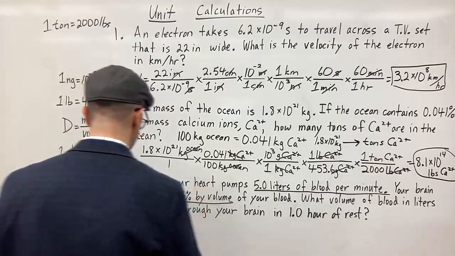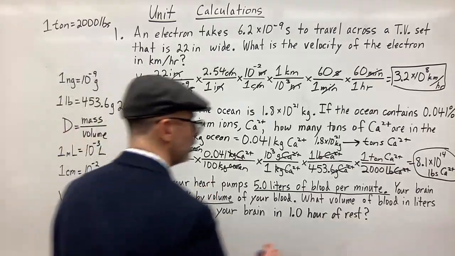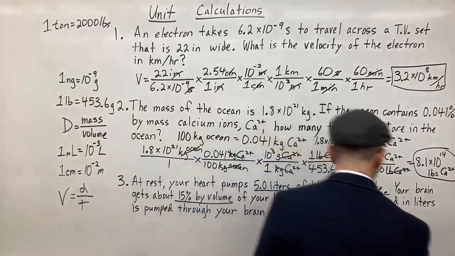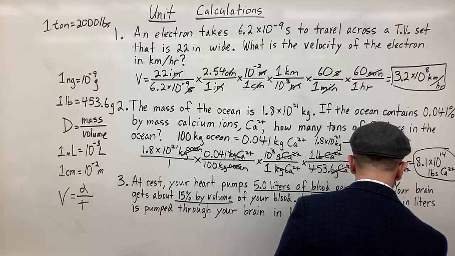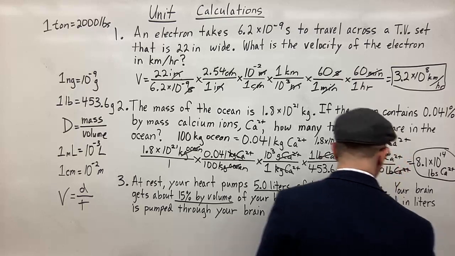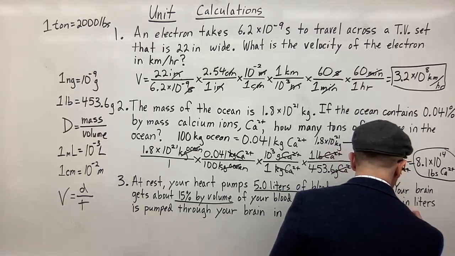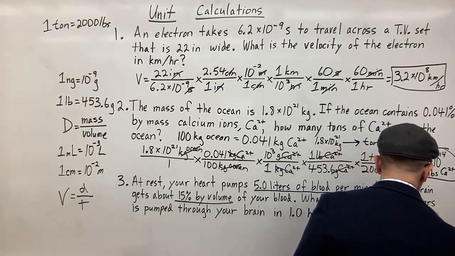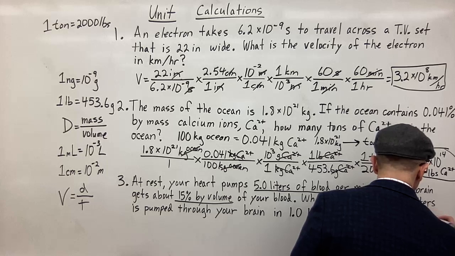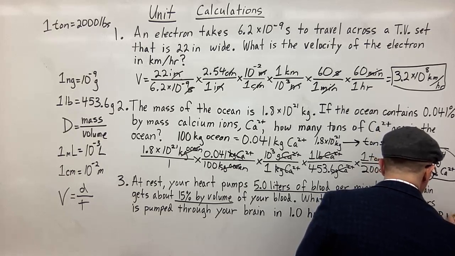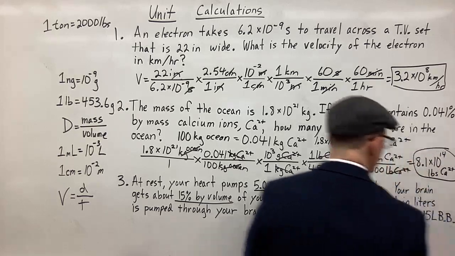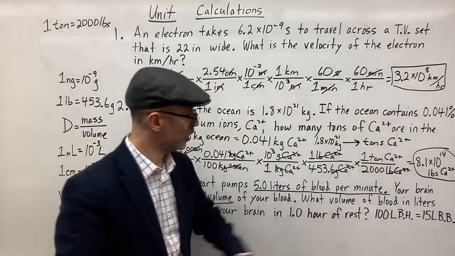That's a conversion factor. We'll write that down over here: 100 liters BH, for blood to the heart, is equal to 15 liters BB, blood to the brain. So we're going to use that.